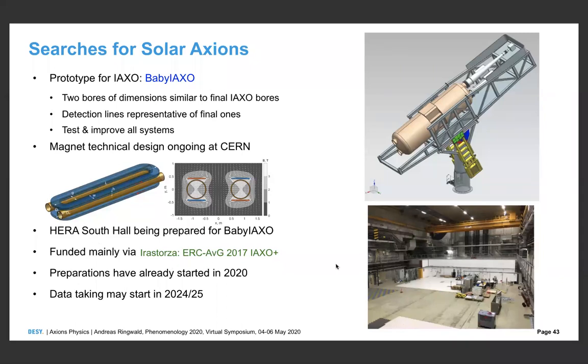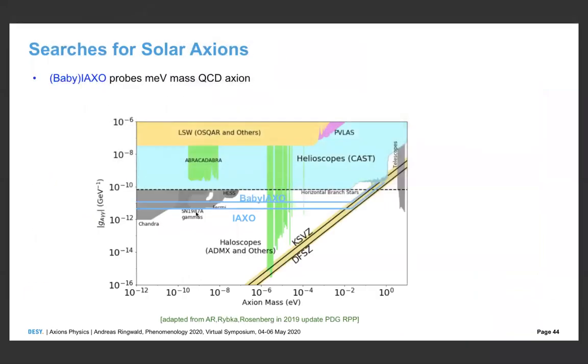The HERA South Hall is being prepared for BabyIAXO. The preparations have already started now, and the data taking may start in 2024 and 2025. And so BabyIAXO will really probe by a factor of more than 10 in comparison to the CAST limits, and it will dig into the milli-electron volt mass QCD axion. And IAXO will go even deeper, of course.